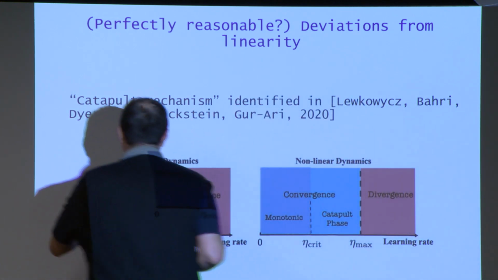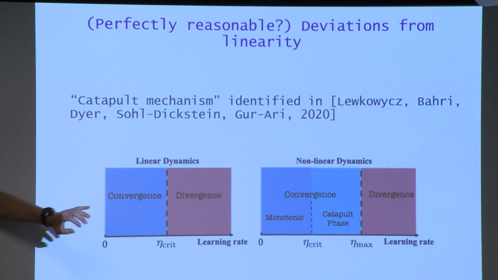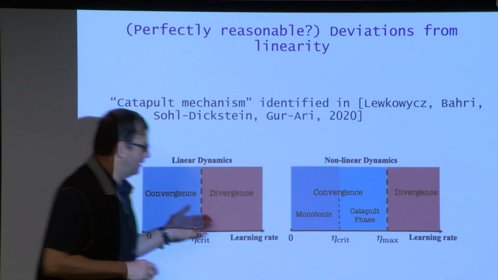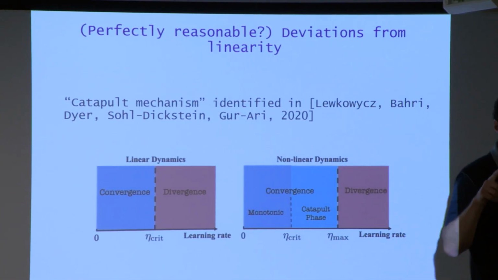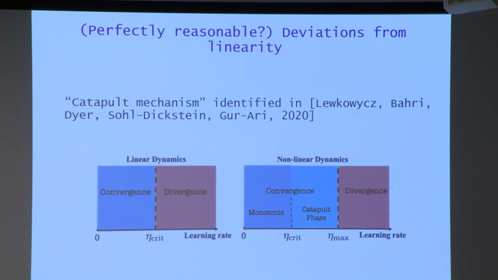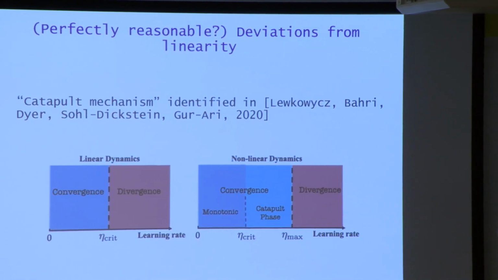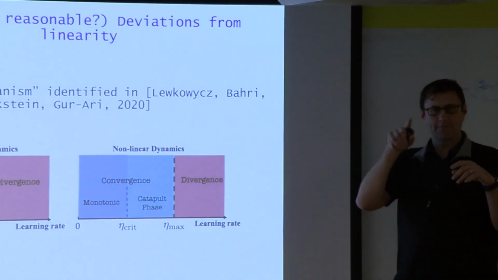So imagine I have linear dynamics. If I have a linear system and I'm solving it by gradient descent, I can solve it whenever my step size is smaller than something like 2 over lambda max.